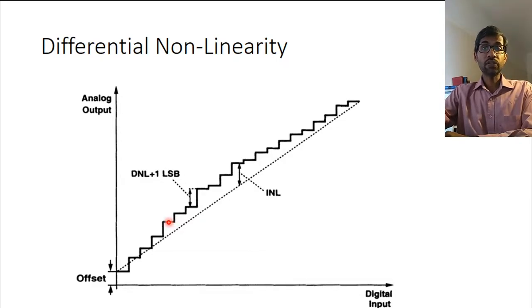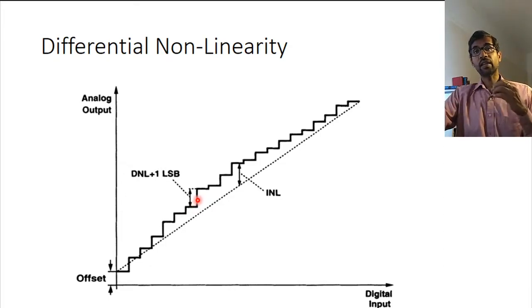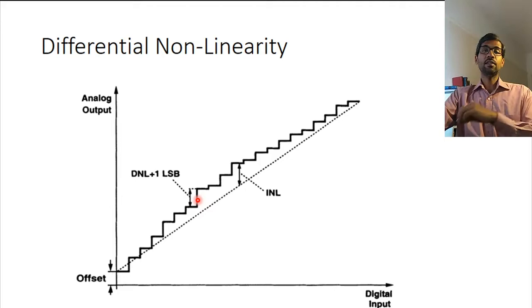But because of certain nonlinearities, we can see that there is a bigger step size here than, let's say, at this transition. The maximum of this is referred to as the differential nonlinearity. It's this step size minus 1 LSB, the step size that it should have been. So it's the increase in step size, which is the differential nonlinearity.